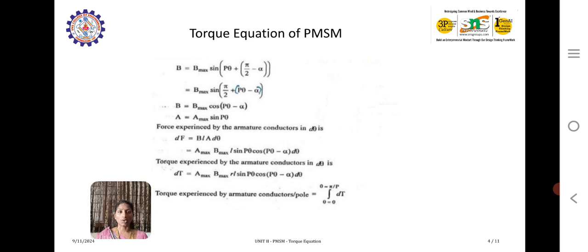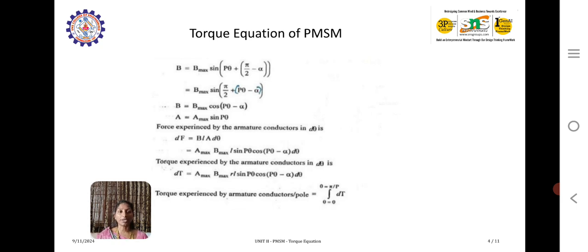Coming to the dT equation, dF into radius will give dT. So dT is A max B max R L sin P theta cos (P theta minus alpha) d theta, the same equation multiplied by R, since dT is equal to dF into R.